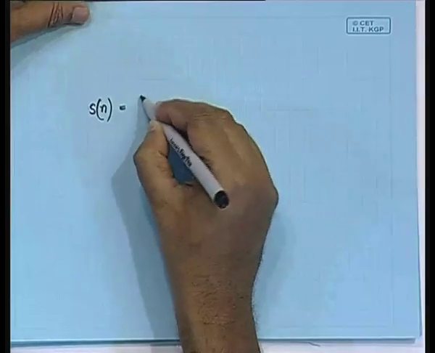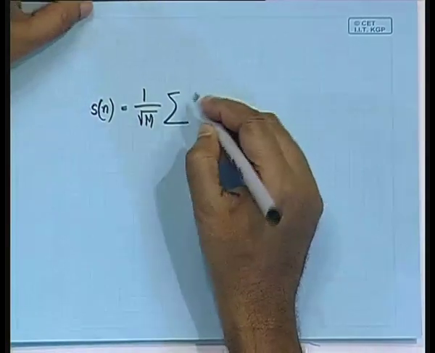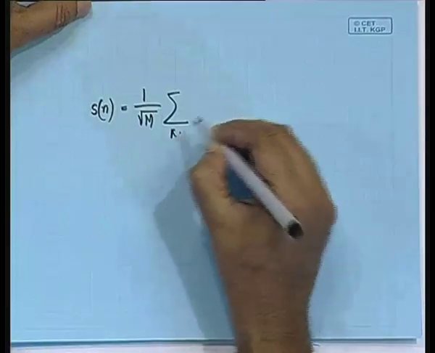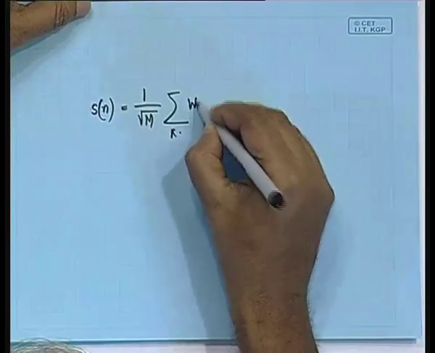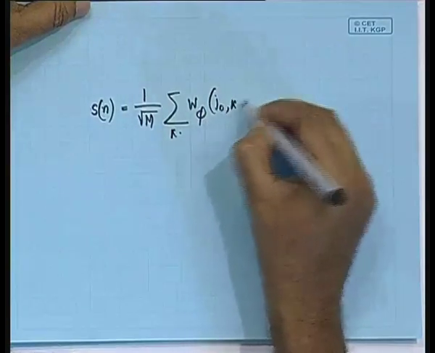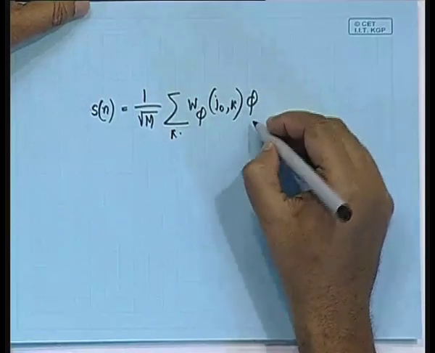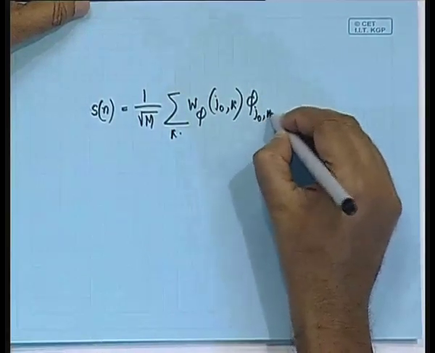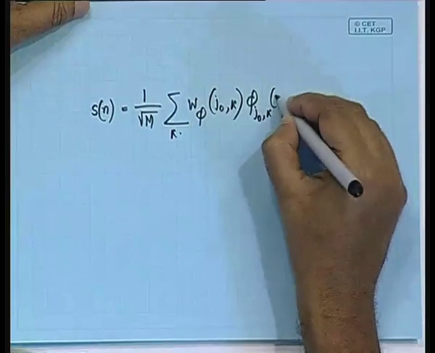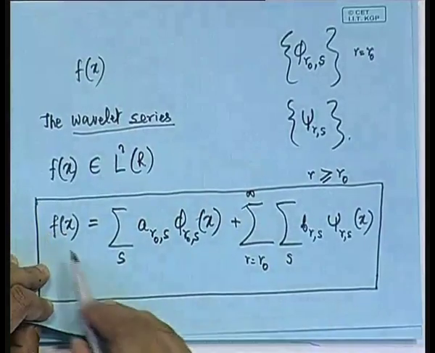So, what we obtain is this: s of n can be expressed as 1 by root over m summation over k w phi j 0 comma k into phi of j 0 comma k n. No major difference.